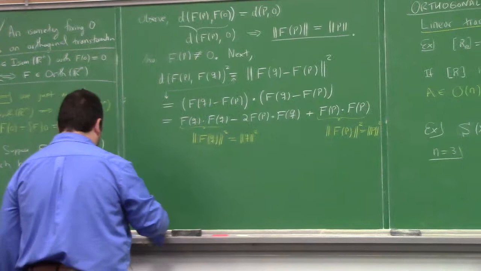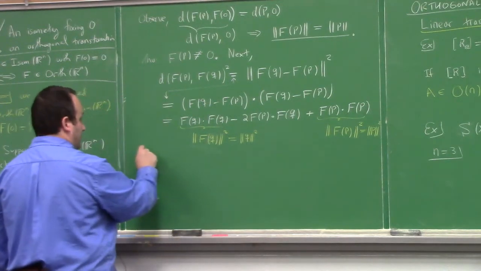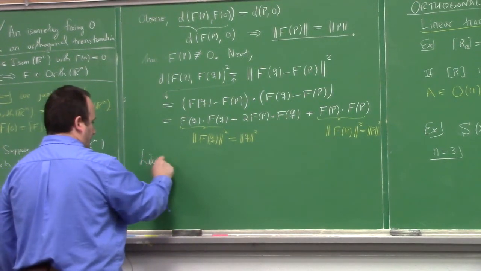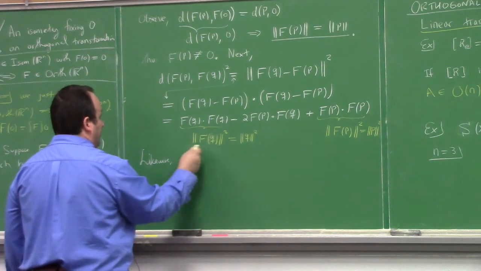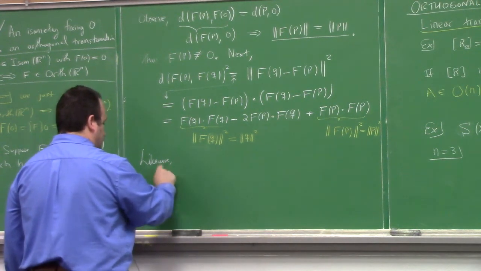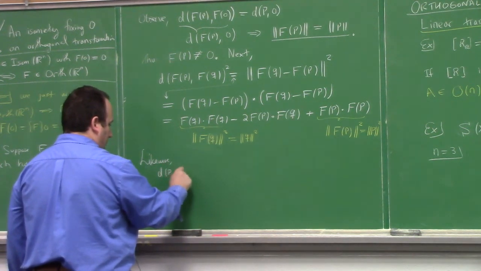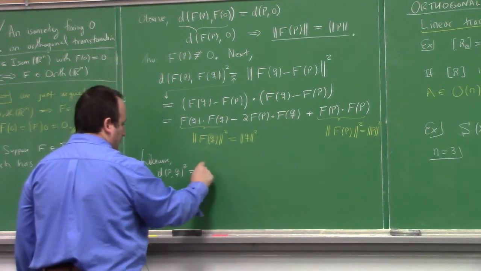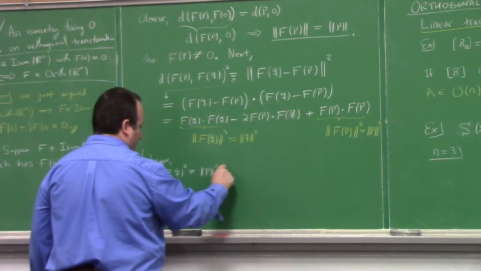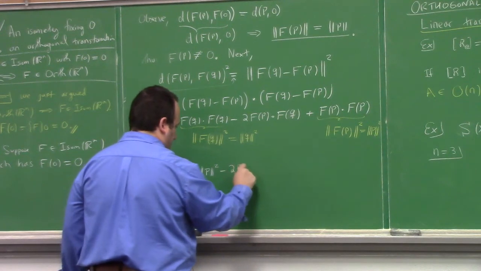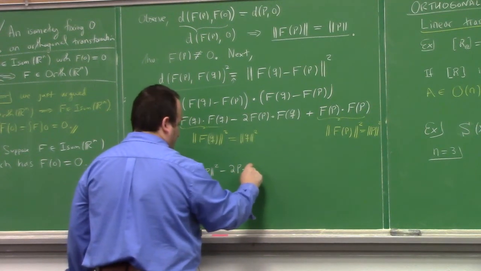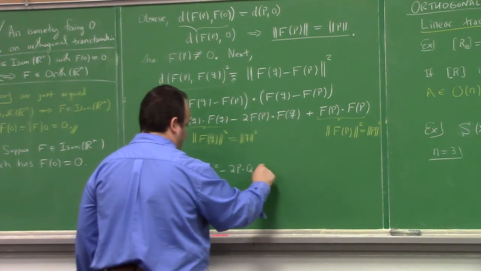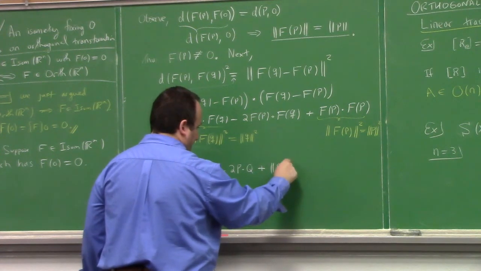And then, likewise, we can do the same calculation if we calculate the distance from p to q squared. We get norm of p squared minus 2 p dot q plus the norm of q squared, right?